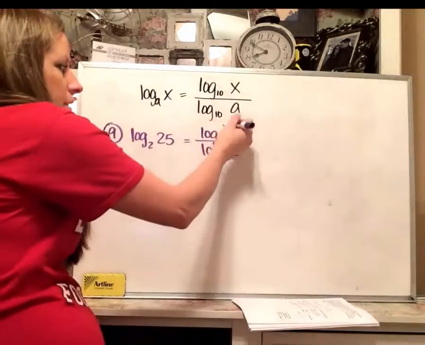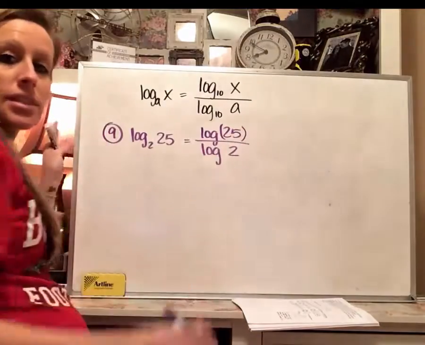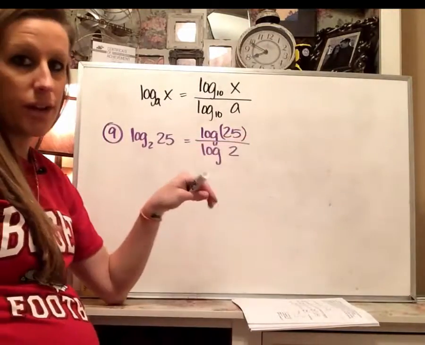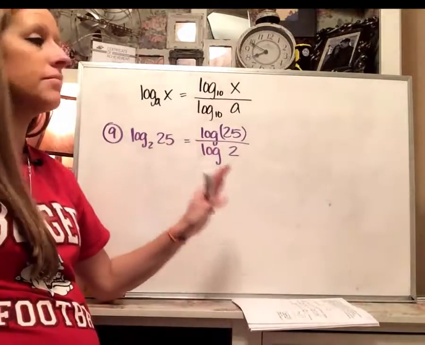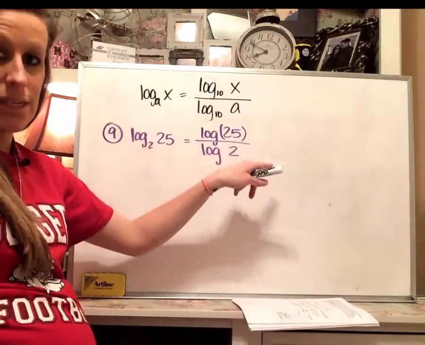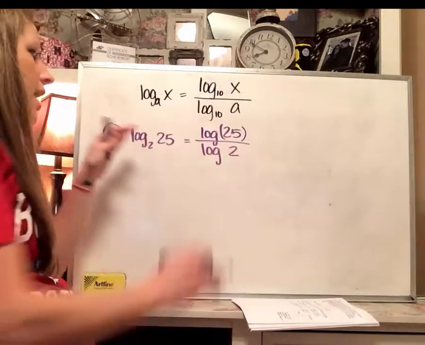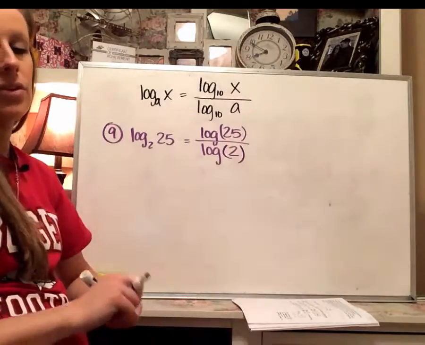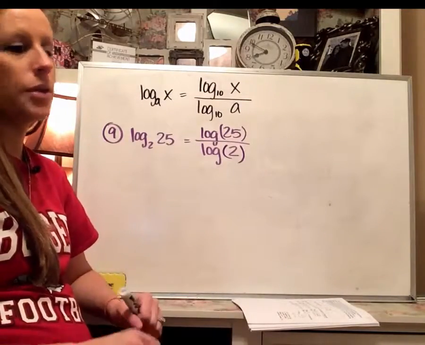Log of 25, you're going to have to close the parentheses after the 25 or else it will not work. I see this mistake all the time. Okay, log of 25, close your parentheses, divided by log of 2. If you don't close your parentheses, it will be wrong.